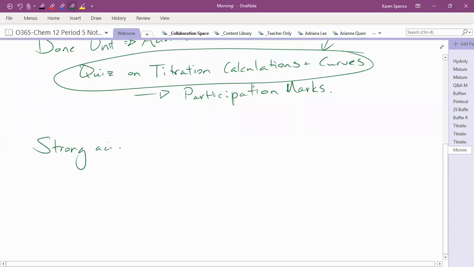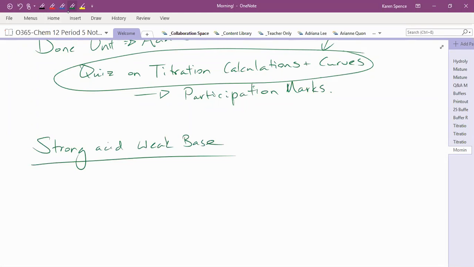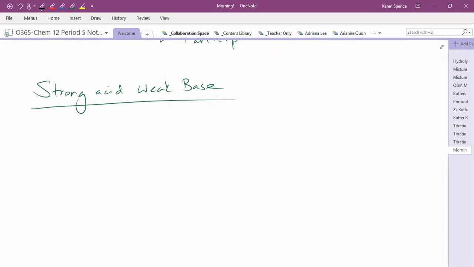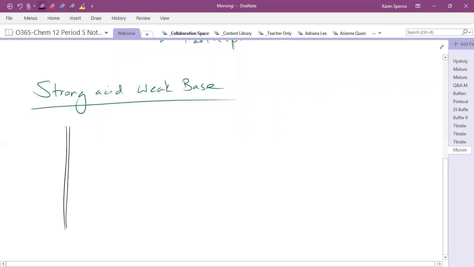So strong acid, weak base. Okay, so in our burette, we would have our strong acid.